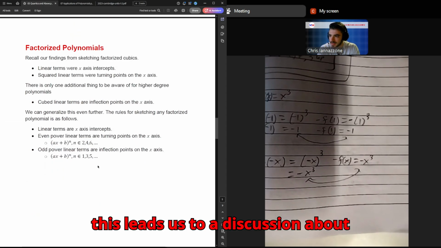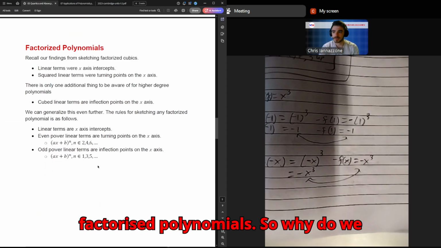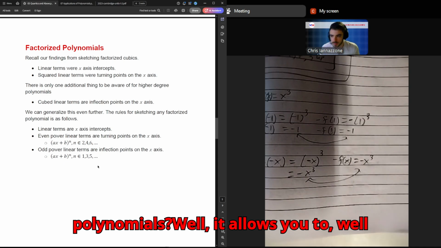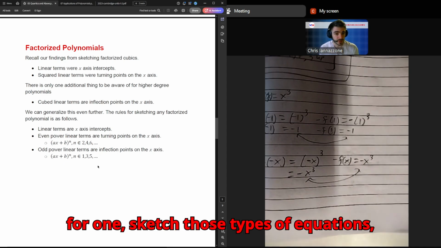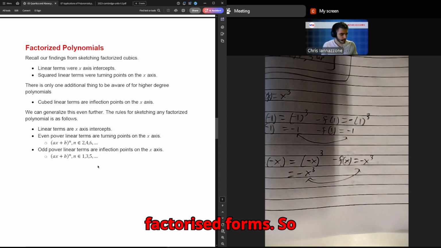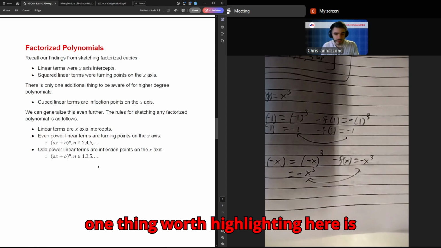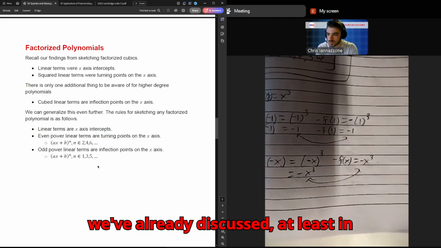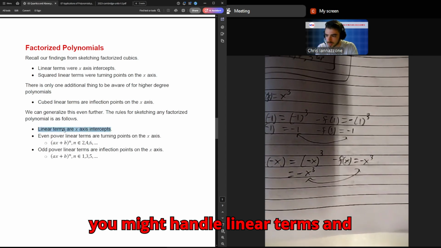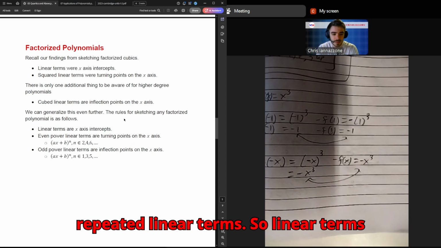Okay, this leads us to a discussion about factorized polynomials. So why do we care about even power and odd power polynomials? Well, for one, it allows you to sketch those types of equations, but for two, it also allows you to handle factorized forms. One thing worth highlighting here is we've already discussed, in previous lectures, how you might handle linear terms and repeated linear terms.